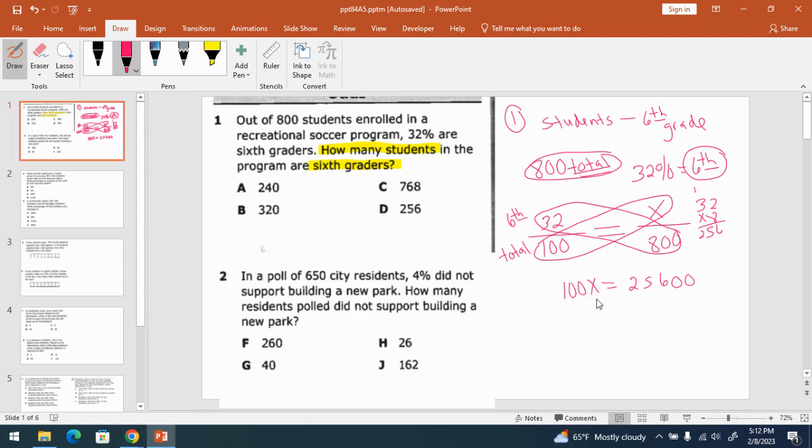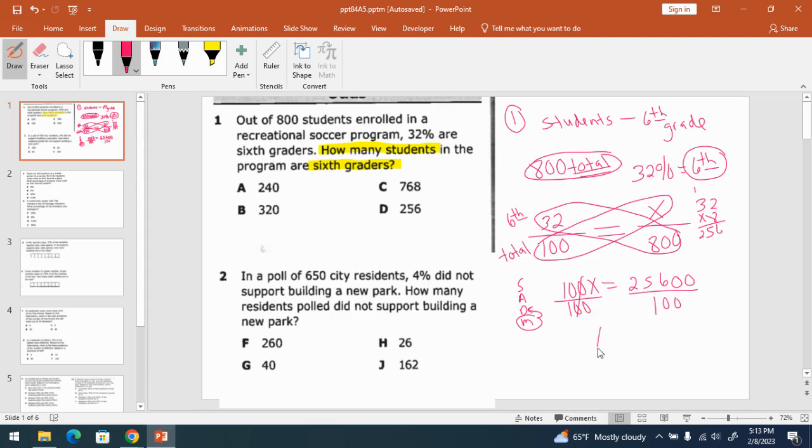Now I need to solve for x, so we can find out the sixth graders is the x that we're looking for. So we do the inverse. You can think of SAT-M. A number next to a letter means multiply. So if that means multiply, I'm going to do the inverse, which would be to divide by 100. What you do to one side, you do to the other.